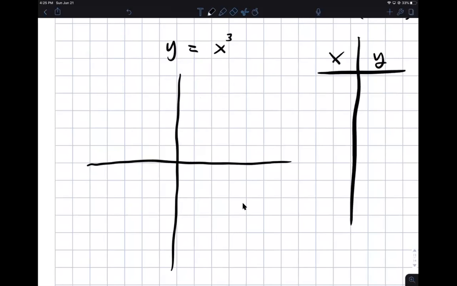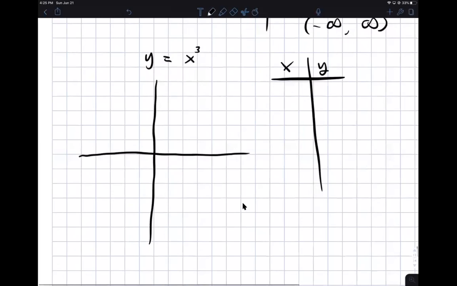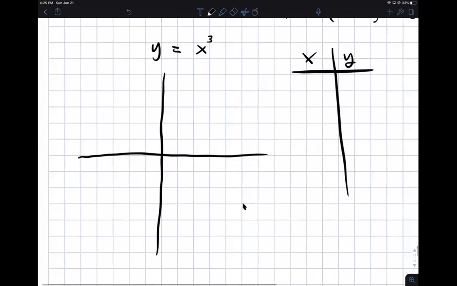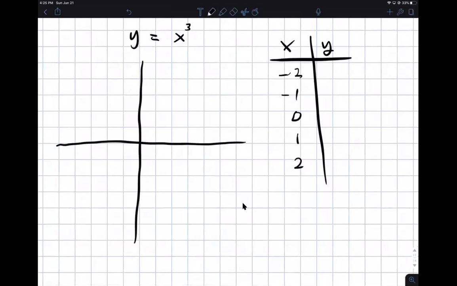You can always figure out what a graph looks like if you plug in some values and then look at the shape of it. All right, so you can choose some numbers or I'll choose them. Can you tell me what y would be? Would it be -2?